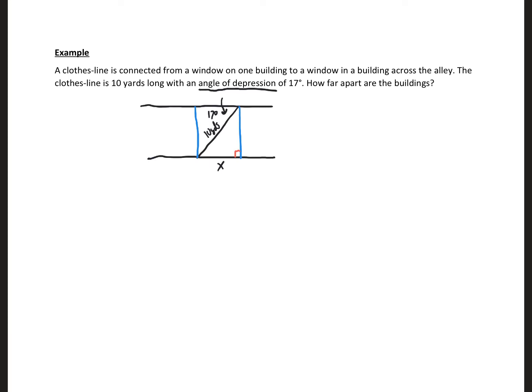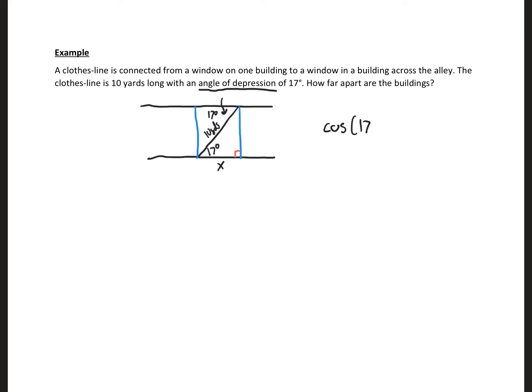Anytime you're given an angle of depression, we want to switch that to the angle of elevation because they are congruent. They're equal. So I'm going to take that 17 degrees and switch it down here. So now, using those side lengths, x and 10 with 17 degrees, x is the adjacent, 10 is the hypotenuse, so we're going to use cosine.